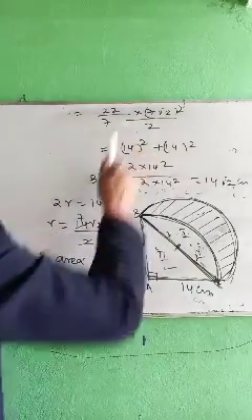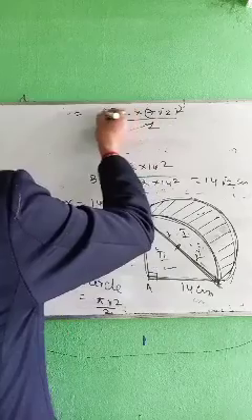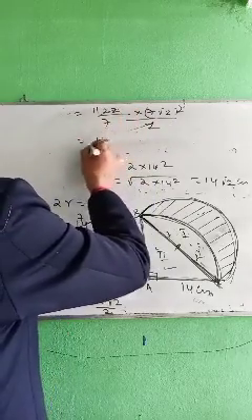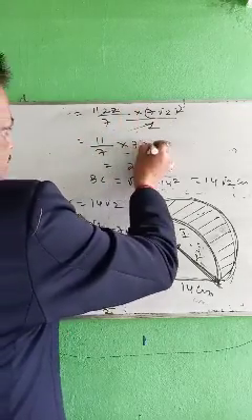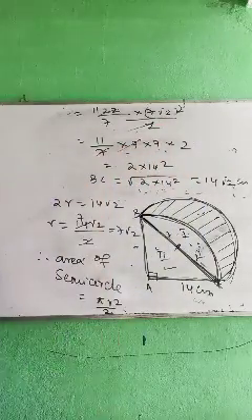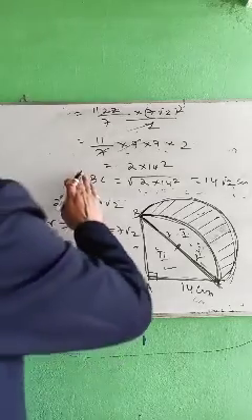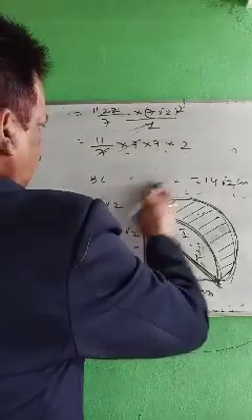This 2 you have to write here. So what did you get? 2 cancels here, 11 by 7 into 7 into 7 into 2. Root 2 square is 2. How much did you get? 154.